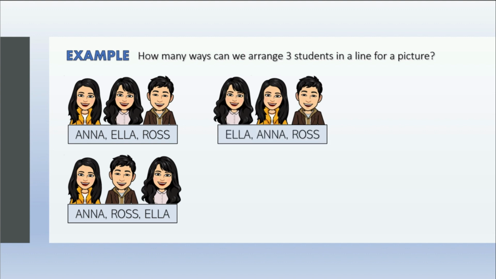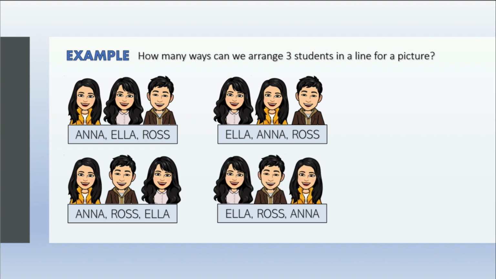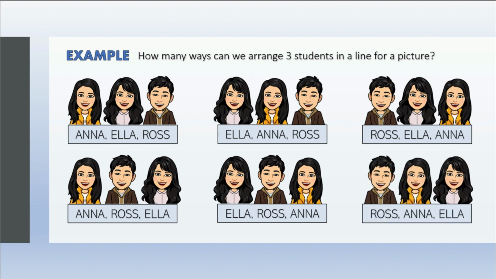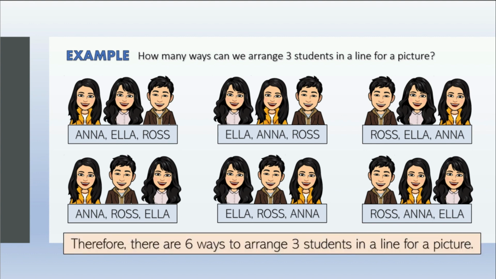We also have Ella, Anna, and Ross. Also, we have Ella, Ross, and Anna. The next one is Ross, Ella, and Anna. And lastly, we have Ross, Anna, and Ella. By counting, we can conclude that there are 6 ways to arrange 3 students in a line for a picture.